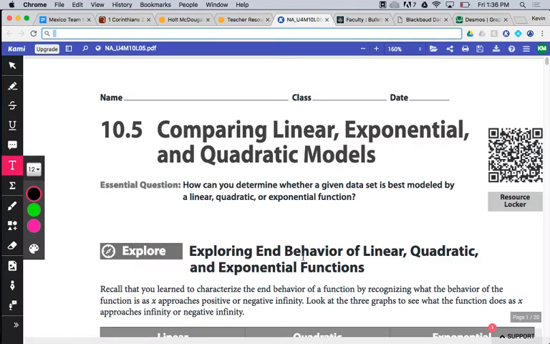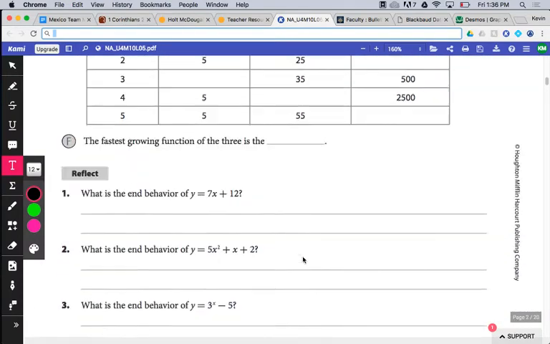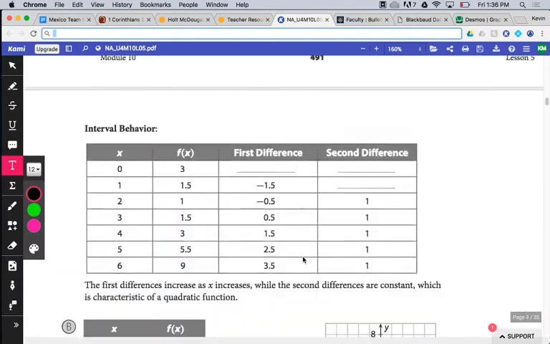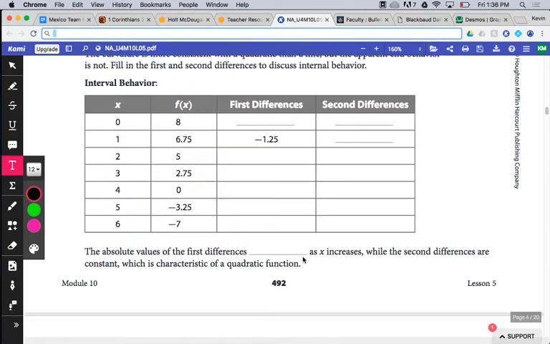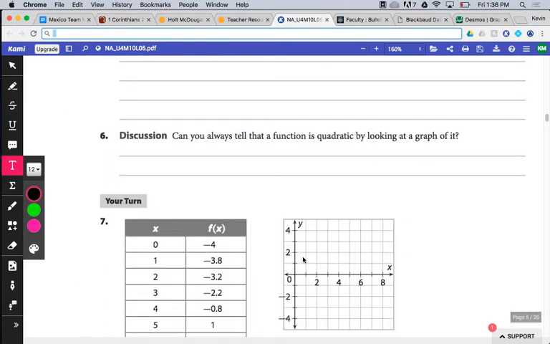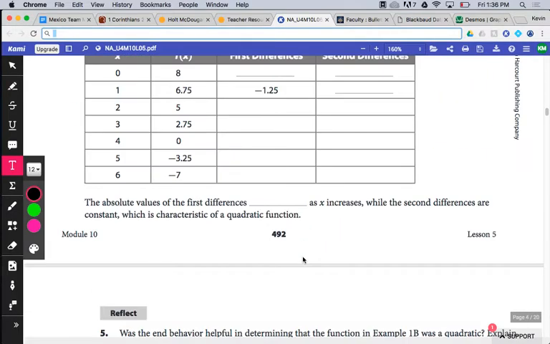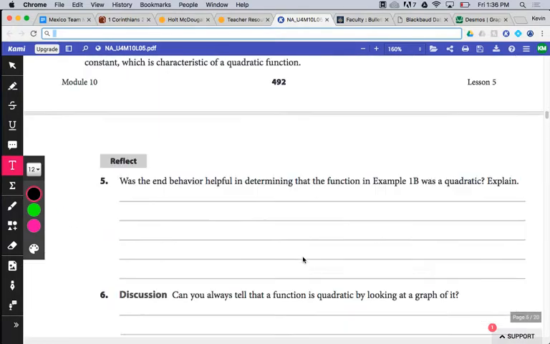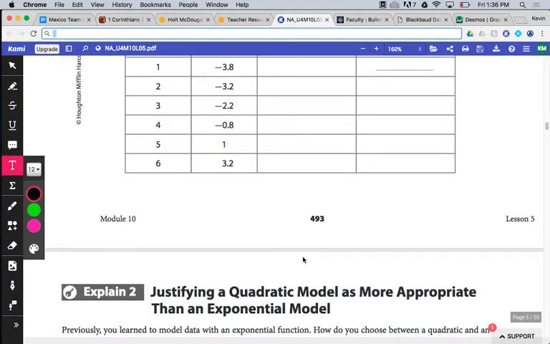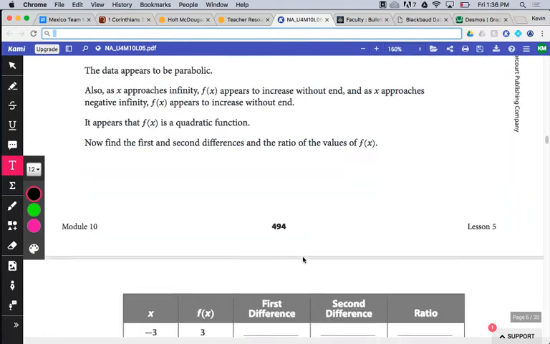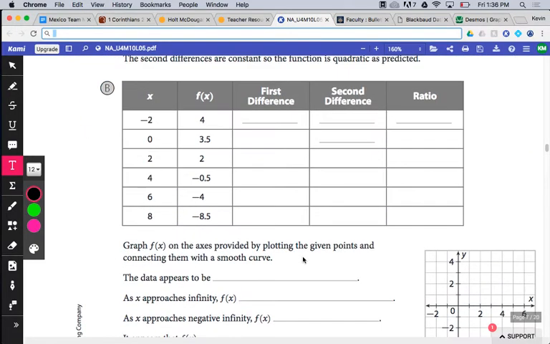So let's give an example of what I'm talking about. Okay, what is the actual type of question that you will see? Hold on, let me find it really quick. This one here.